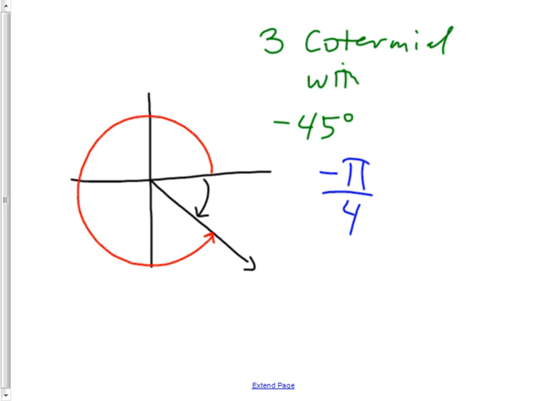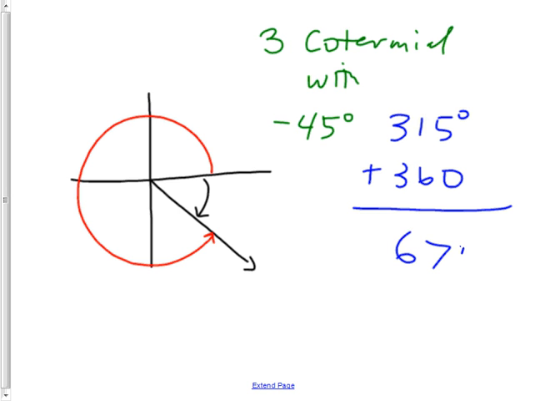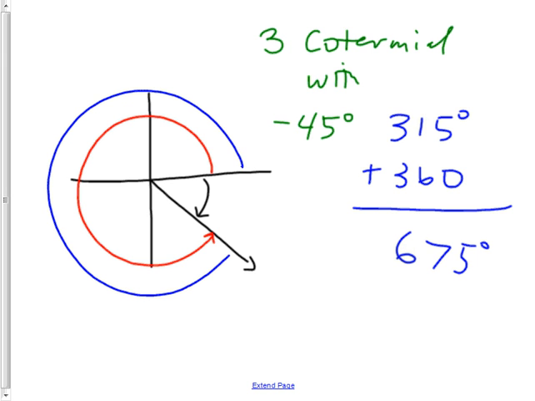But if I wanted to give them all in degrees, that would have been pretty easy too. If I did 45 and then the other one was 315, then I can always add 360 to the 315, because that makes 675 degrees, and that brings you to the same place, because that first 315 gets you here, and then another 360 gets you right back where you were.